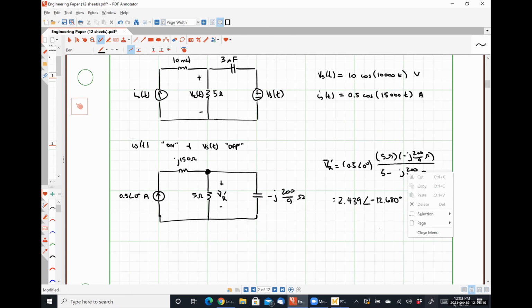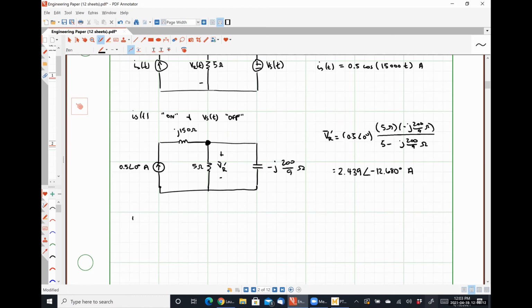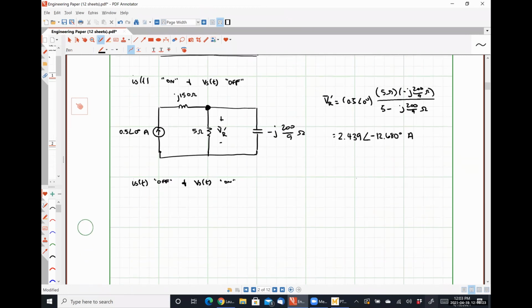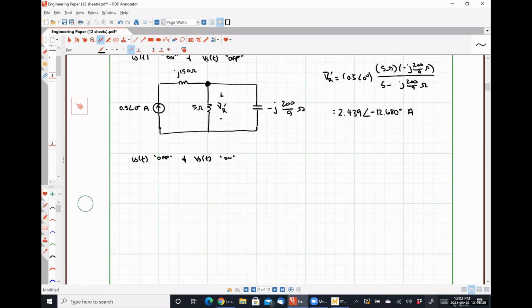Now let's work it with IS off and VS on. So our current source is going to be turned off. There's our inductor. There's our resistor. It's still going to be a 5 ohm resistor. Here's VR double prime.